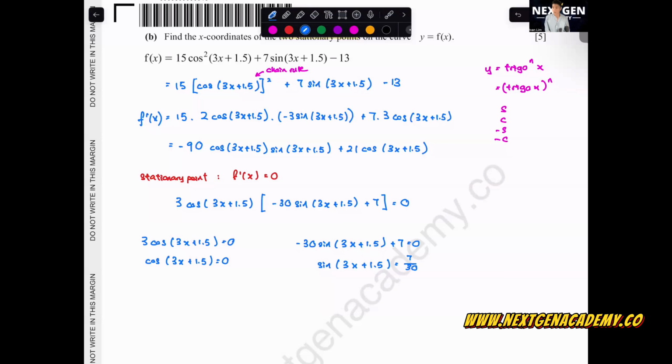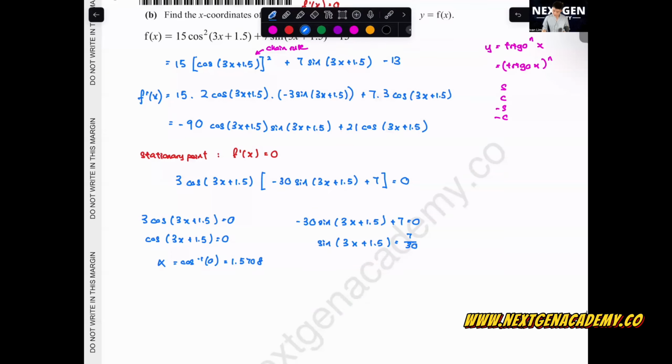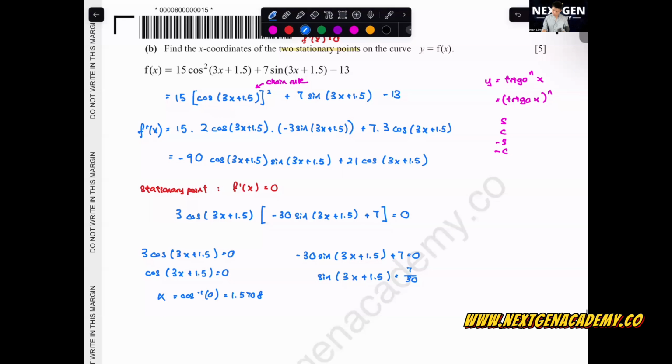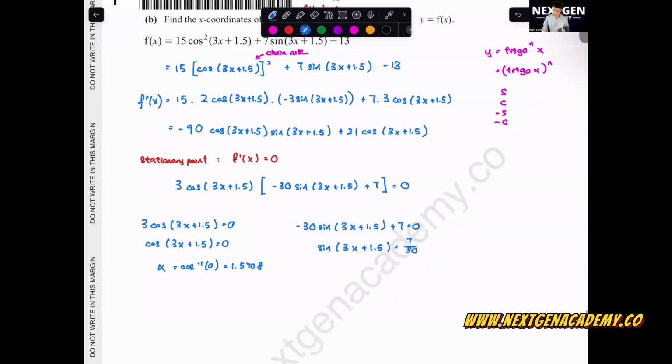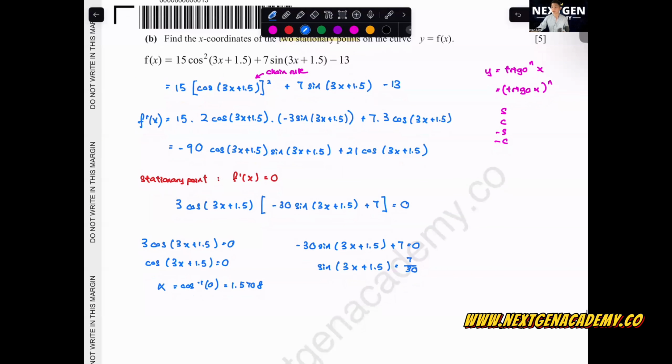Okay, now what is the answer here? Let's solve this. We're gonna do alpha equals inverse cos 0. Inverse cos 0 will be equals to half pi, 1.5708. Since they're only asking us to find x coordinates, we will just put the value.